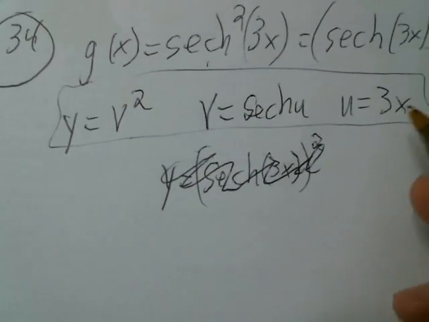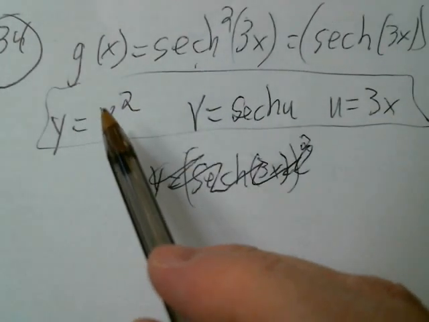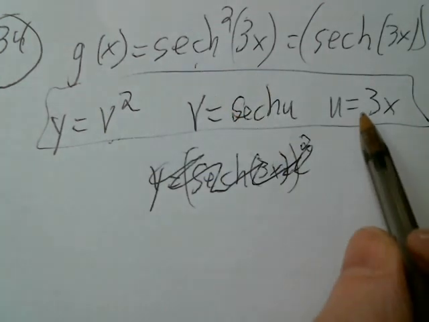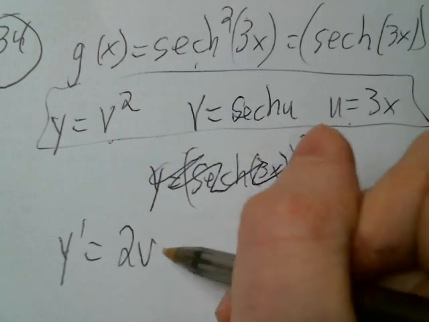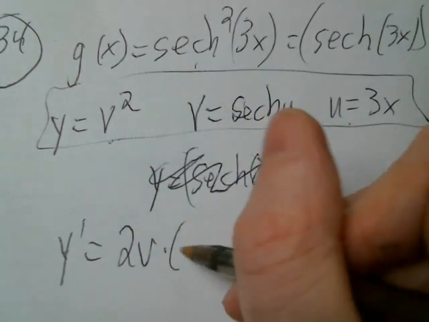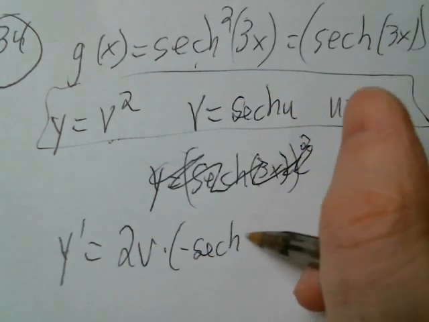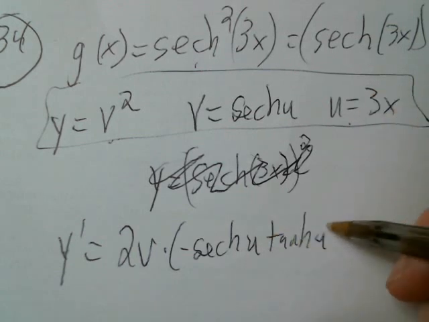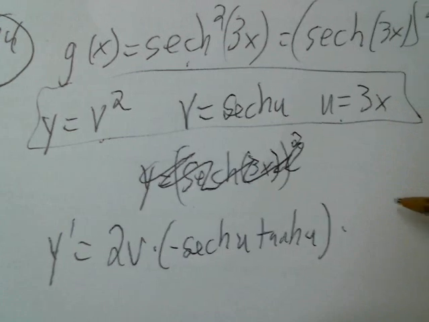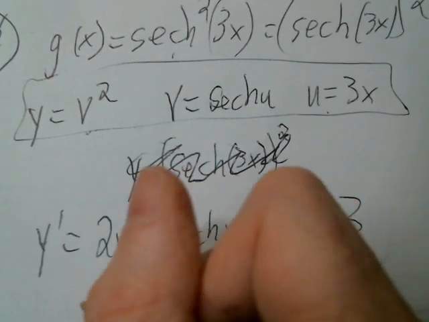So from this information, you can reconstruct the original formula. Anyways, take the derivatives: the derivative of this times the derivative of that times the derivative of that. So y prime is 2v times negative hyperbolic secant u hyperbolic tan u times the derivative of 3x, which is 3. And clean that up.